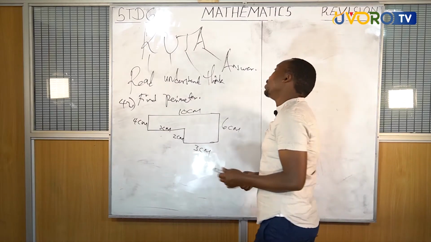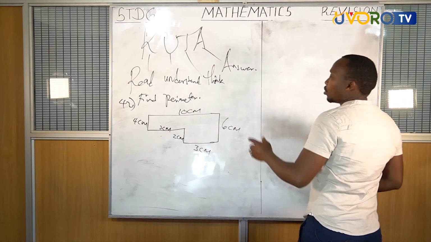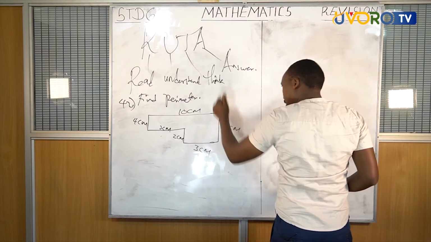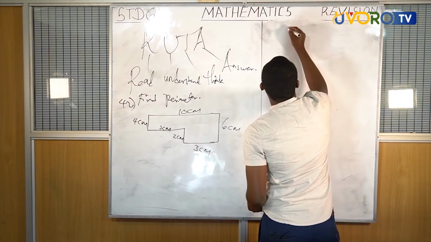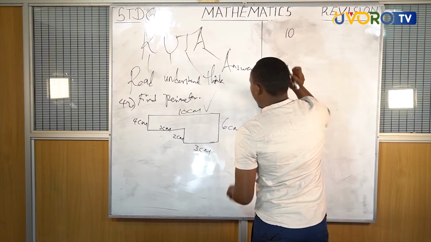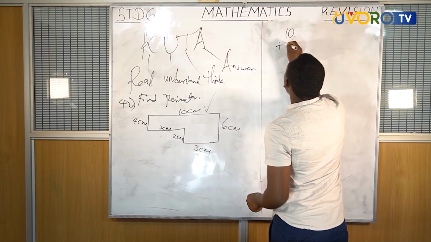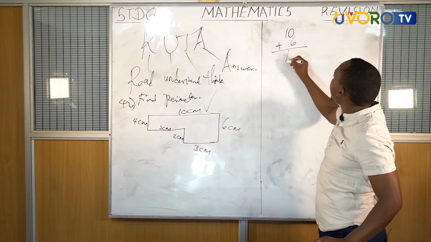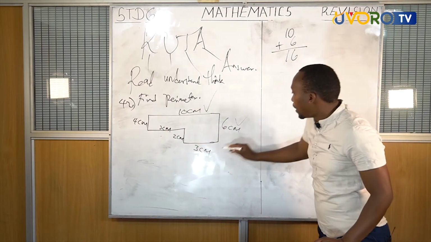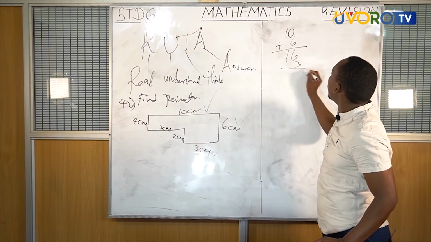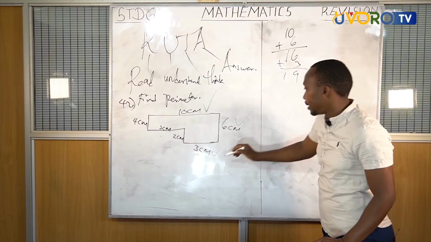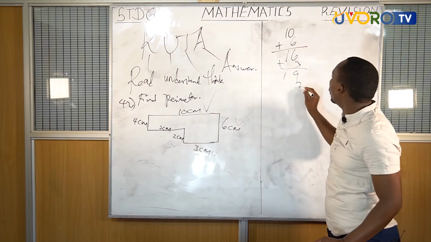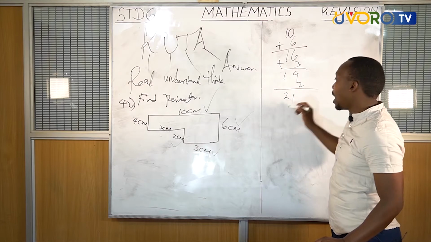Counting. U for understanding, we have just concluded. T for thinking, let's start. Counting: 10 plus 6. What is 10 plus 6? 16. Very good. Plus 3, 19. Plus 2, 21.